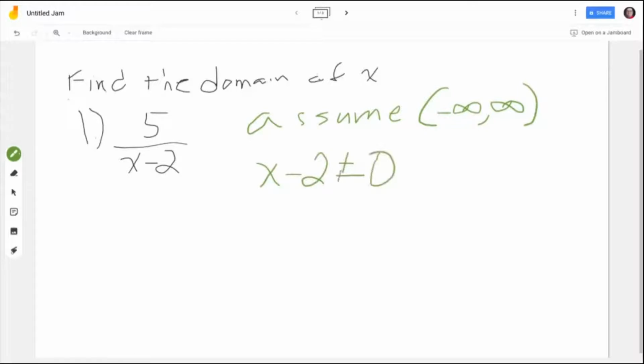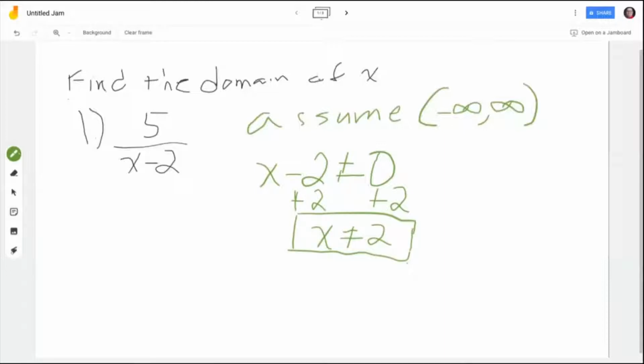Basically it's an equation, but we're figuring out what it can't be. So we'll add 2 to both sides and get x cannot equal 2. This is a limitation for our domain of that variable x. X cannot be 2.